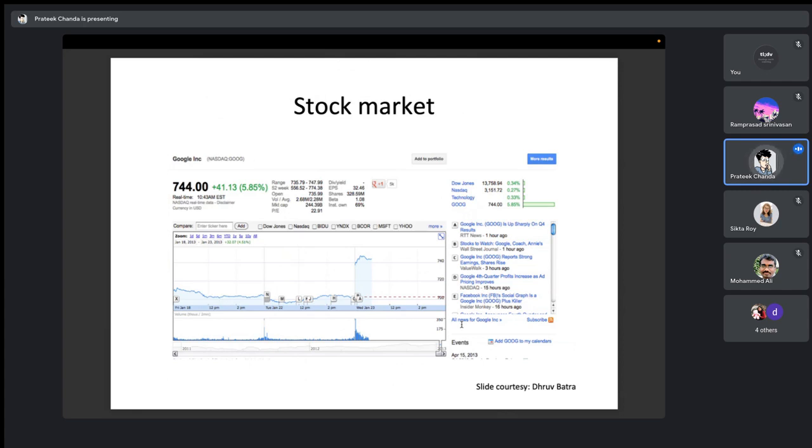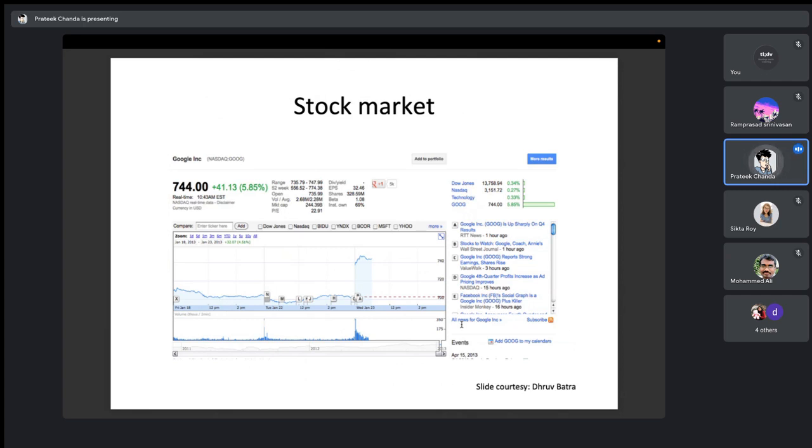Those also affect how your stock is going to perform in the upcoming few months, or in some timeline. So these are various applications.